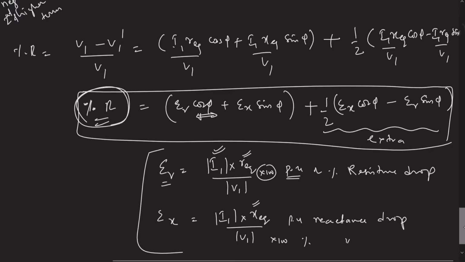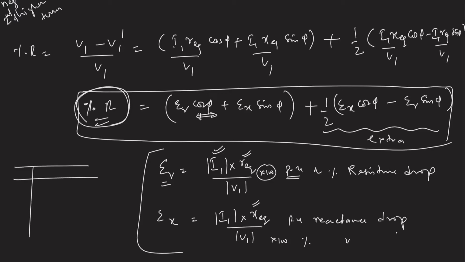Okay, so you can take a tabular column, suppose for one particular load power factor angle. If it is purely resistive, then this is 0, and it is lagging slowly, minus 30 degrees, minus 60, and perfectly lagging, 90 degrees.